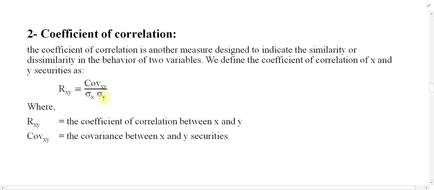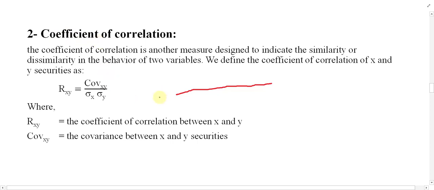It is another technique which measures the behavior of the two securities, but it measures the behavior much more exactly as compared to covariance. It means the result is much more exact as compared to covariance.